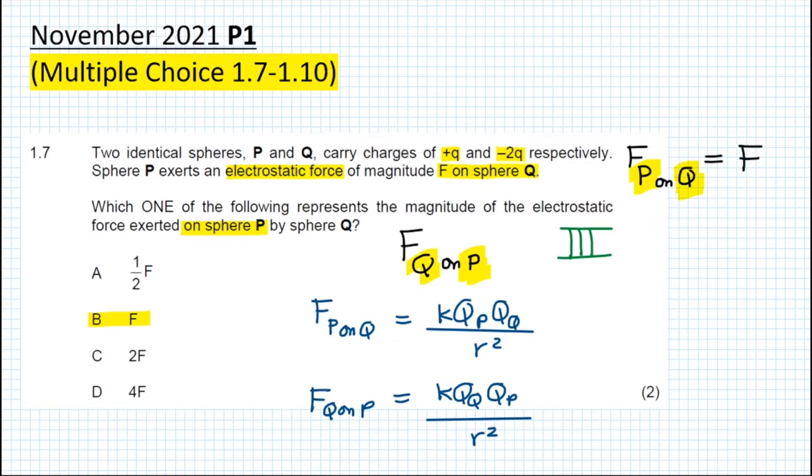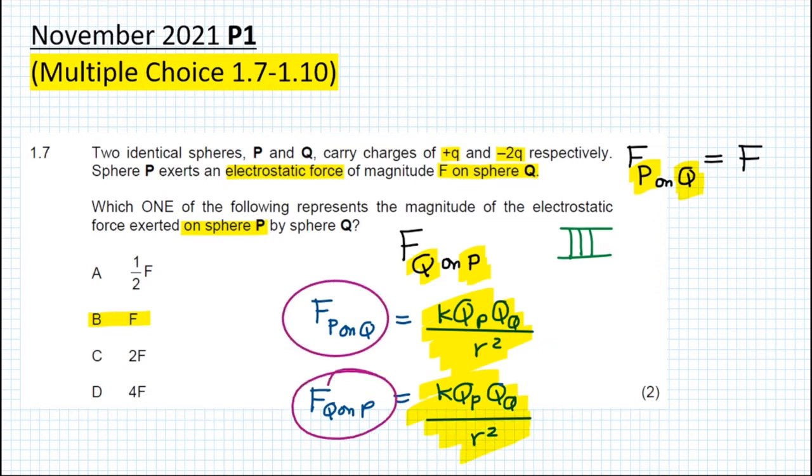If you look very carefully at the second formula, we can actually swap around the Q and P, and mathematically that is not going to make a difference. 2 times 3 is the same as 3 times 2. So therefore, this formula is exactly the same as this formula, and therefore, grade 12, these forces are equal in magnitude. Opposite in direction, but equal in magnitude, according to Newton's third law.